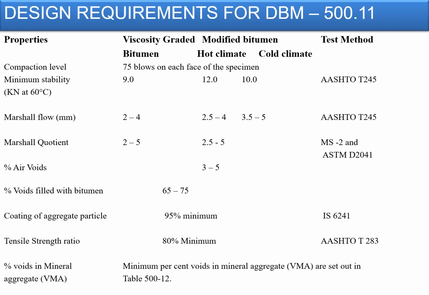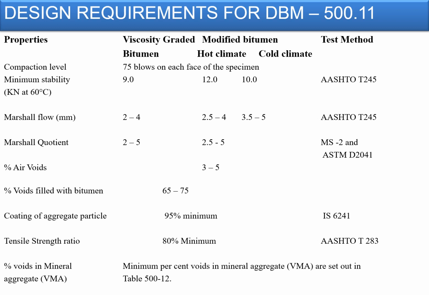Coming to the design requirements for DBM, which is again given in MORTH revision 5, that is the extract of table 500.11. It says that the compaction level one has to follow is 75 blows on each face of the specimen. That means you have a mold where you need to fill up the bituminous materials and then compact it from either side with 75 blows.